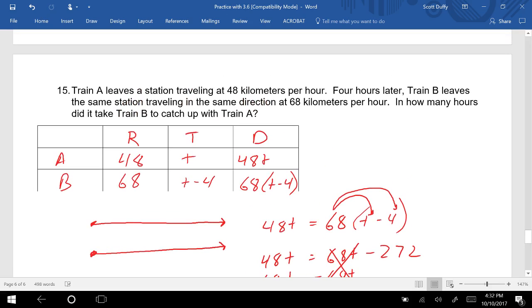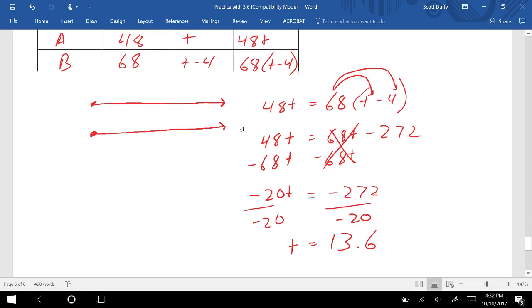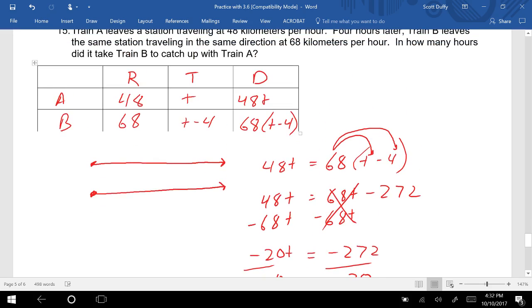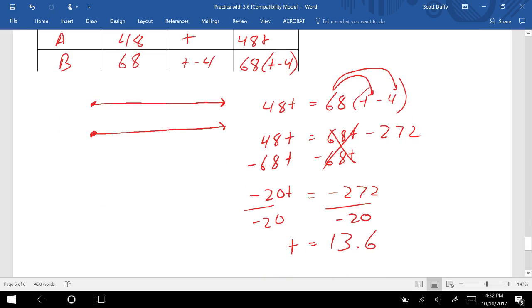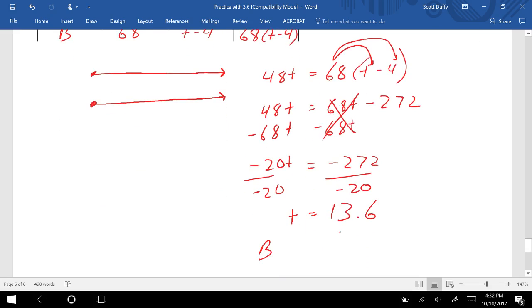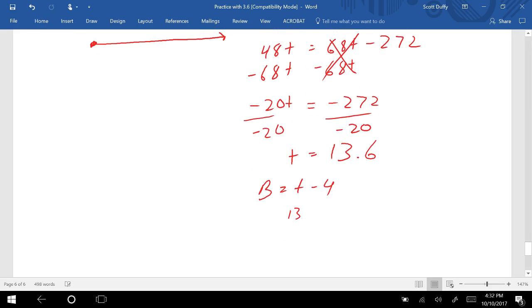What did they ask for? How many hours did it take for train B to catch up with train A? If train A has been on the tracks 13.6 hours, train B is t minus 4, so 13.6 minus 4 equals 9.6 hours. And that is it, boys and girls.